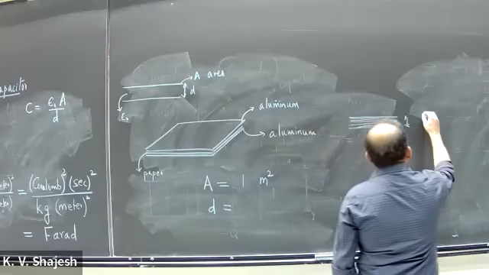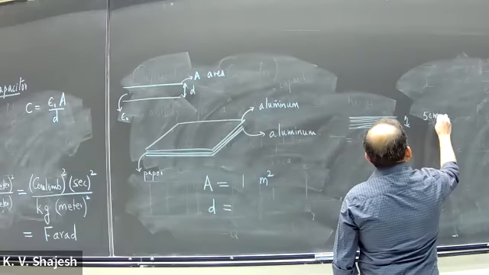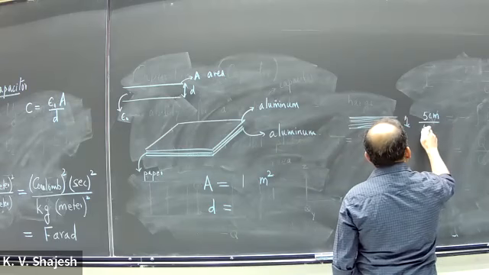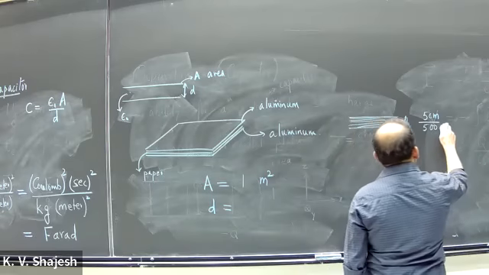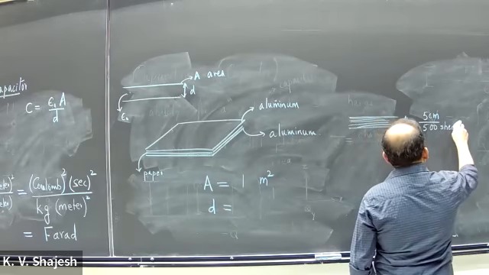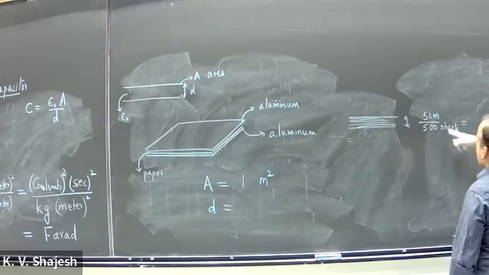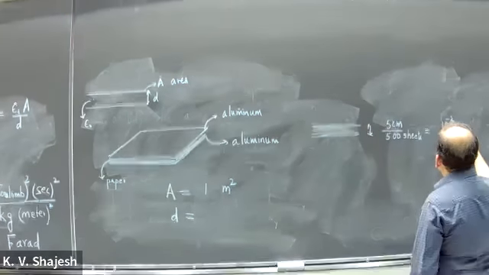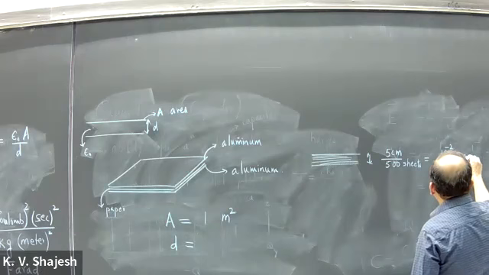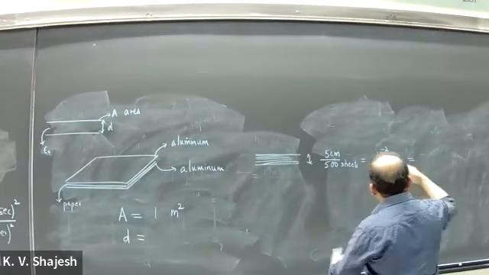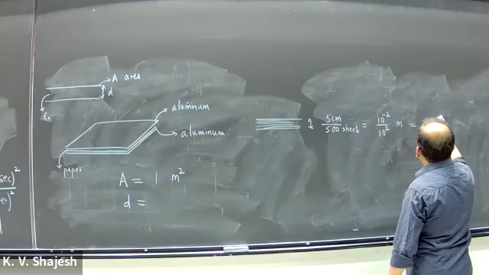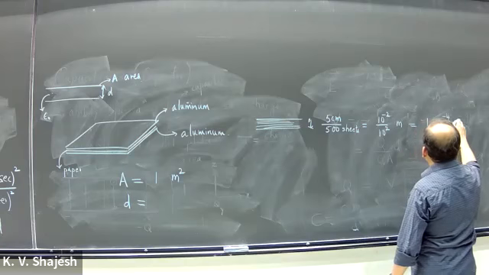So that's 5 centimeters for 500 sheets. Typically there are 500 sheets in there. So one sheet will be 1 centimeter by 100, right? So it is 10 raised to minus 2 divided by 10 raised to 2 meters. So that's again up to one significant digit. So that's 1 into 10 raised to minus 4 meter.